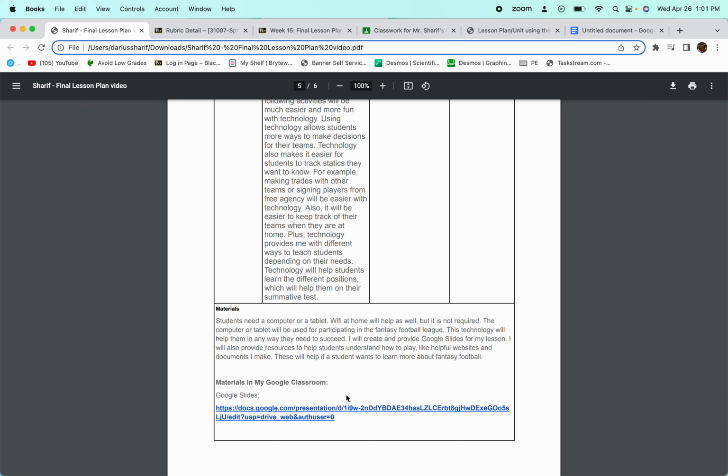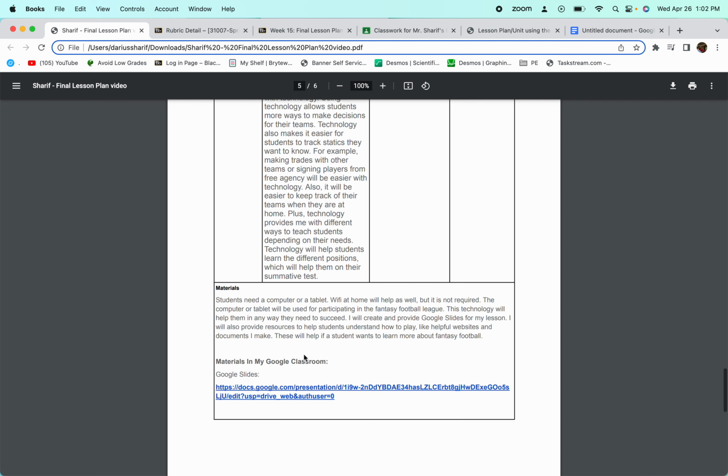So next I have the materials. For materials, this will be part of step 5, prepare instructional environment, because the materials will be what I use in the environment. So the students will need a computer or a tablet because it's going to be online. That helps prepare.